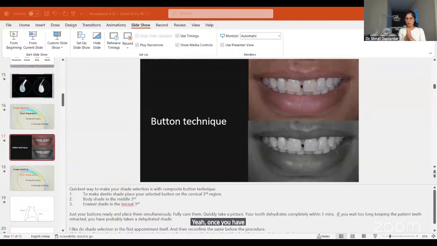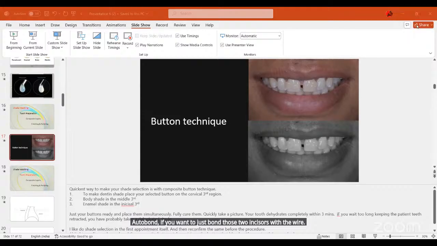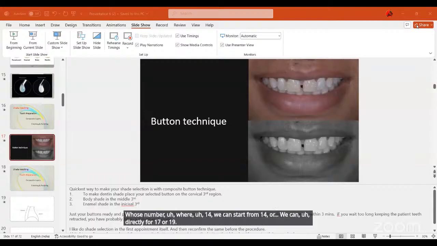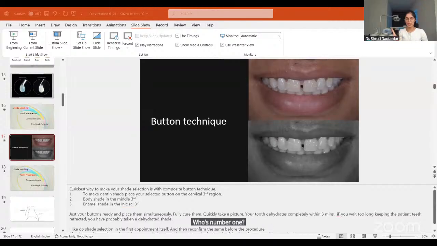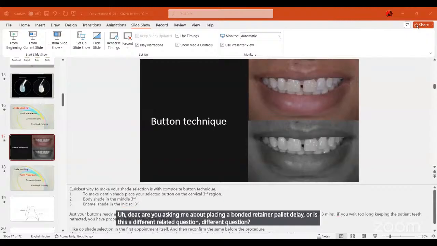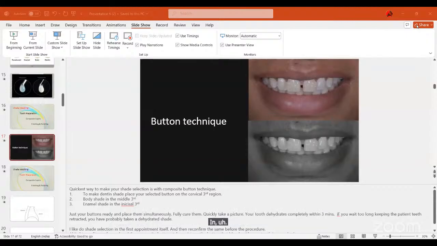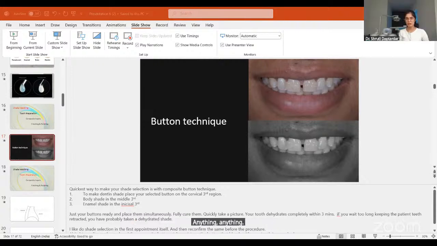Once you have restored it, you can place it if you want to bond those two incisors with the wire. Which wire number, 14? We can start from 14 or go for 17 or 19. Are you asking me about placing a bonded retainer palatally, or is this a different question? Orthodontic wire, anything. I usually prefer my orthodontist to do it.